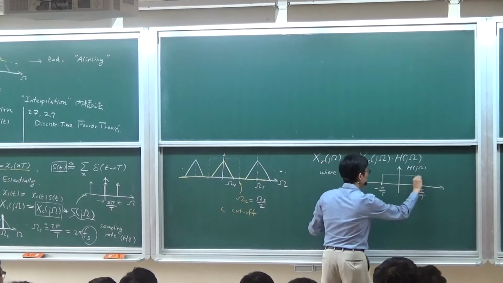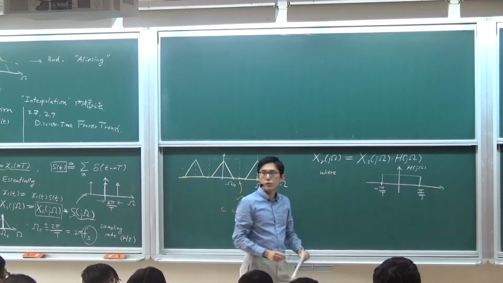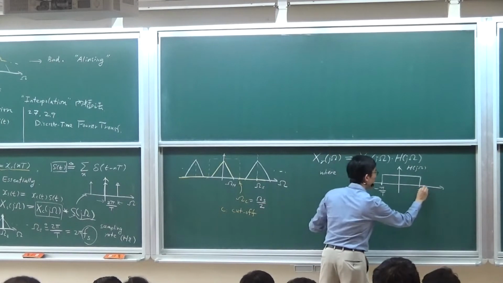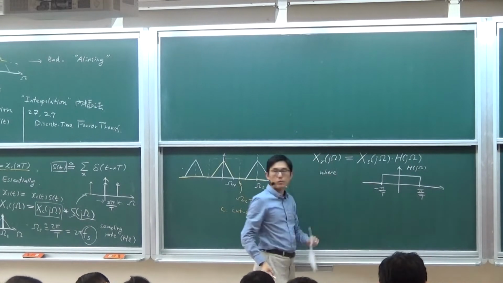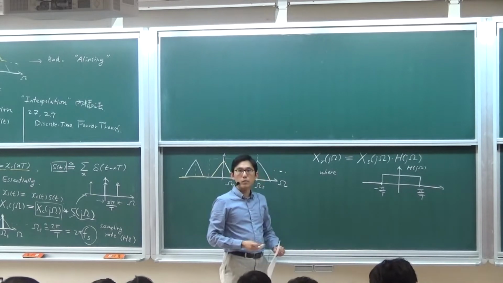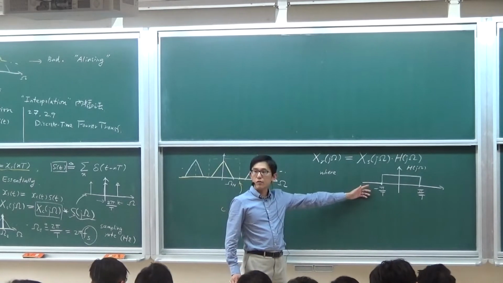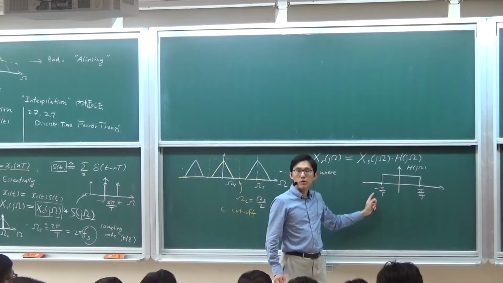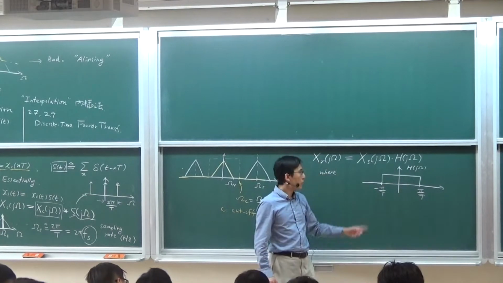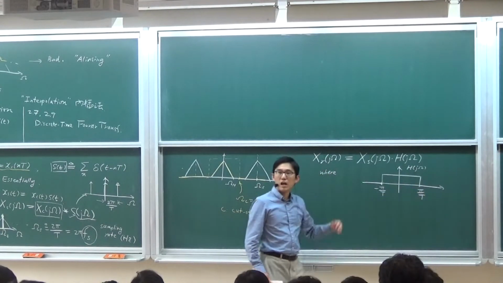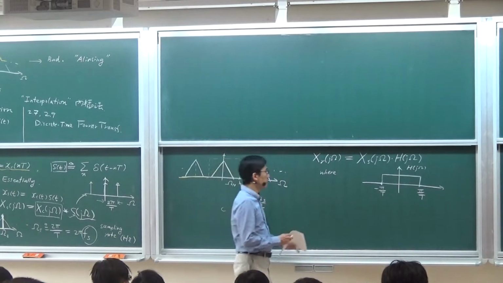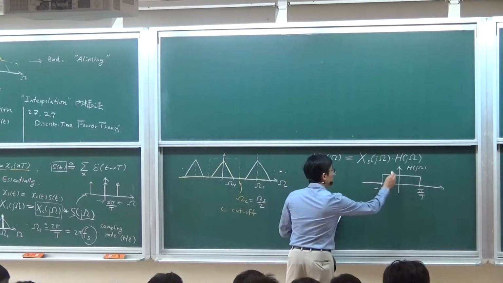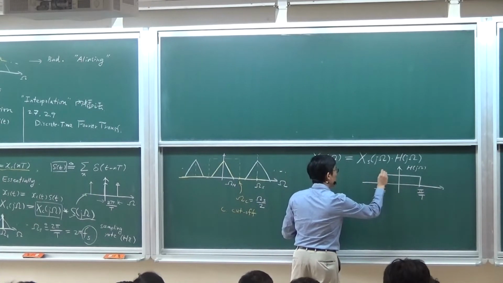So in between these two, the plus and minus cutoff frequency, the response is a constant. And elsewhere, outside, the gain is 0. We're going to assume that there is such a filter that we can use, and the frequency response is flat in between minus and plus cutoff frequency, and outside, the gain is 0, an ideal low-pass filter.